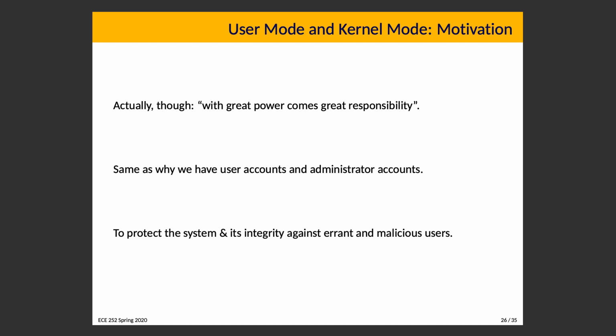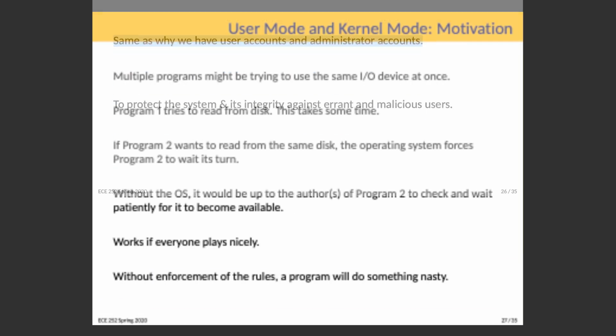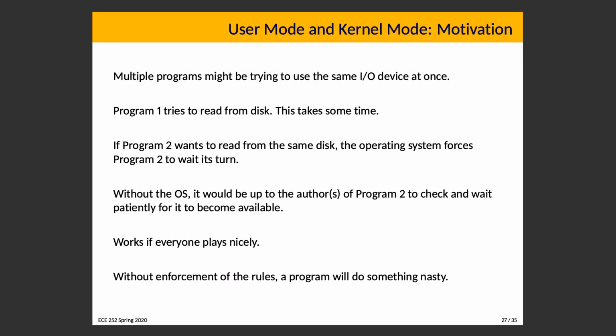And just to give you an example, a program might want to use an I/O device, and another program wants to use the same one. We'll say we're going to do a read from disk. So program 1 tries to read some data from disk. This takes a certain amount of time. If program 2 wants to read from the same disk, the operating system forces program 2 to wait its turn.